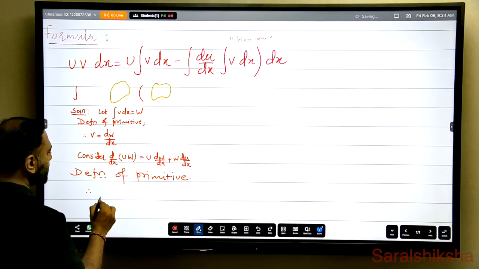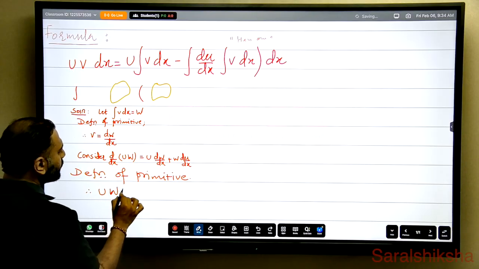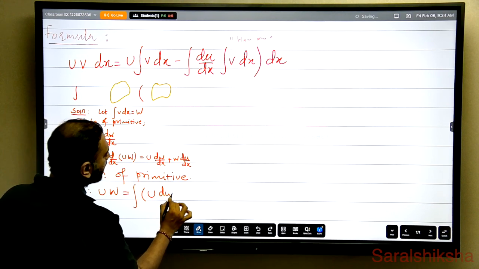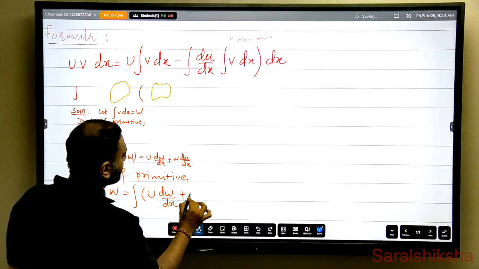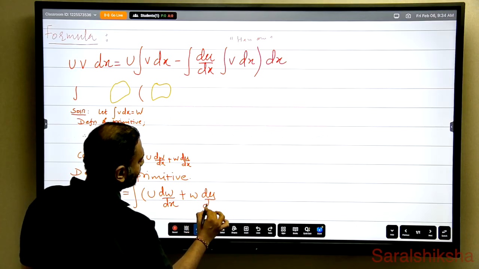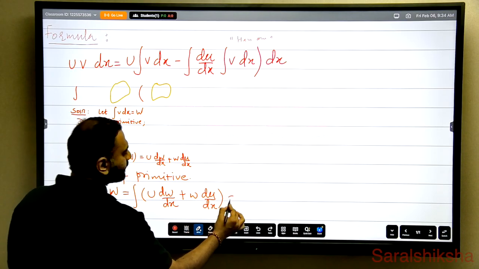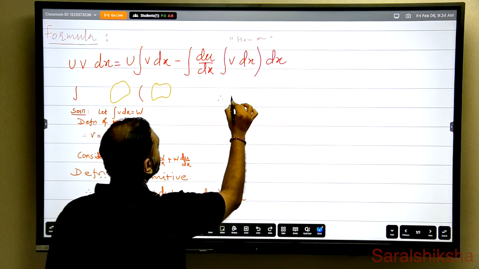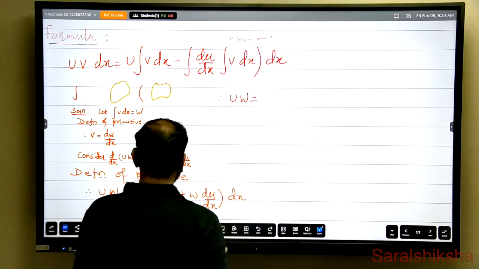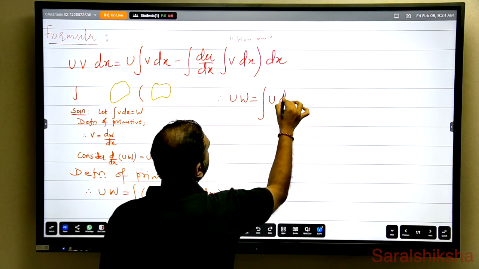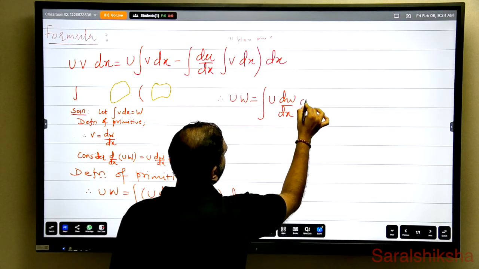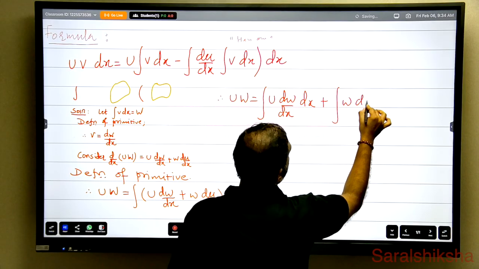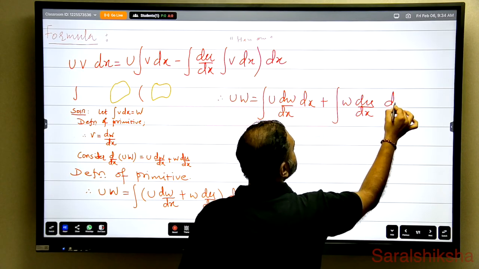The derivative will change the side, and you'll get integration. So uw will be equal to the integral of (u dw by dx plus w du by dx), the whole dx. Now split the integral. We get uw equal to the integral of u dw by dx, the whole dx, plus the integral of w du by dx, the whole dx.